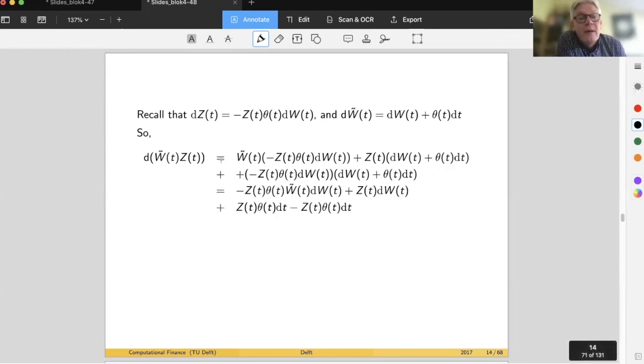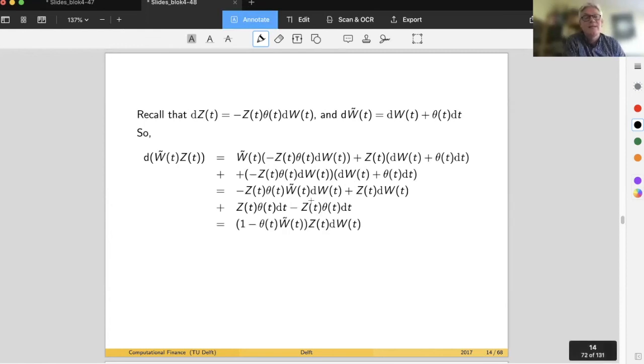So we have minus W tilde T ZT theta T dWt, the first term here, plus ZT dWt, that is that term over here. And then we have some terms canceling out. That is this one plus ZT theta T dt, that will cancel out with this one minus ZT theta T dt. And the last term here, that is a dWt dt term, that is a cross variation, which is also equal to 0. So that also cancels out.